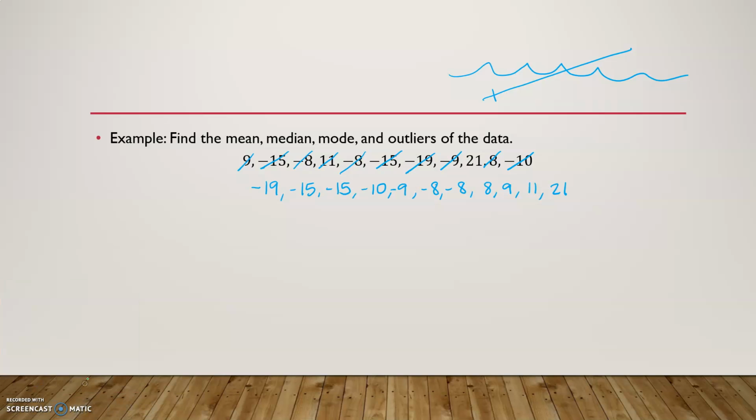The first thing that we're going to find is the mean. And the mean is going to look like this. I'm going to take all these numbers and add them together. Yes, we do need to write it all out. It's not going to hurt anything. It just might take you a minute to write, and that's okay.